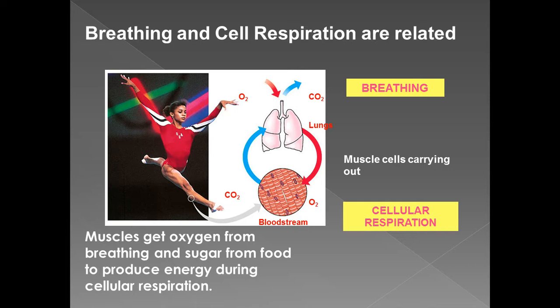The muscle cells are carrying out cellular respiration. When that cellular respiration happens, carbon dioxide is produced, and that carbon dioxide gets released from the body, also through breathing, when you exhale. So, to review, muscle cells get their oxygen from breathing, sugar from food, and they use that to produce energy during cellular respiration.